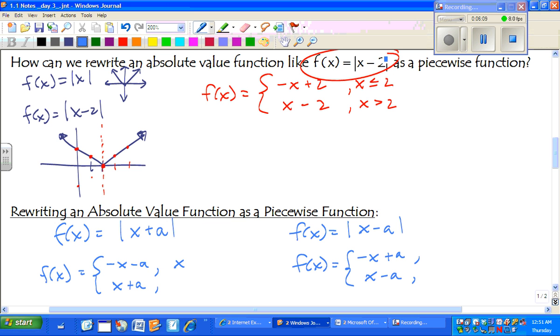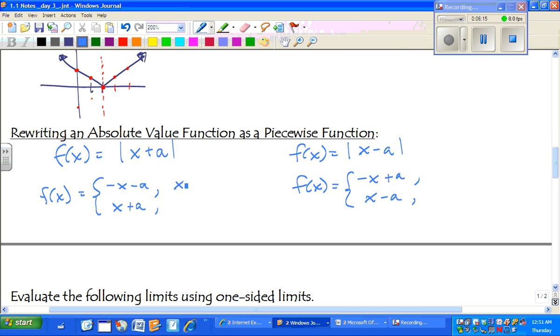Basically whatever makes this 0, or the opposite of this number. So in this case, we've got this when x is less than a, and then when x is greater than or equal to a. Again, just like before, it doesn't matter which one's or equal to as long as one of them is. So over here, we can put x is less than or equal to negative a, right?